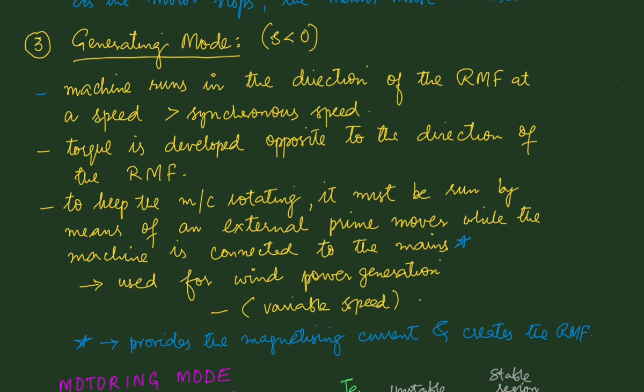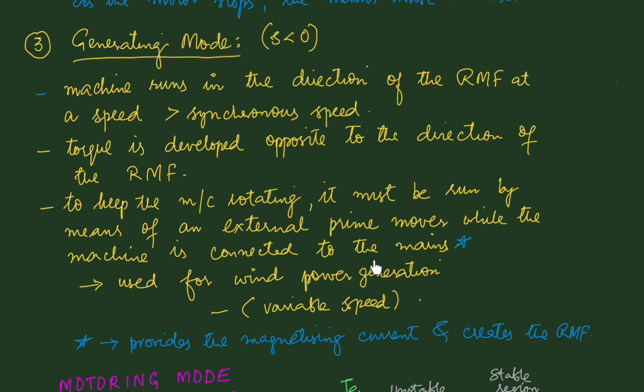And in this case, as we can see that the torque is negative, and therefore it is developed in a direction opposed to the direction of the rotating magnetic field. Here also the developed torque opposes the motion, and hence to keep the machine rotating, it must be run by means of an external prime mover while the machine is connected to the mains.